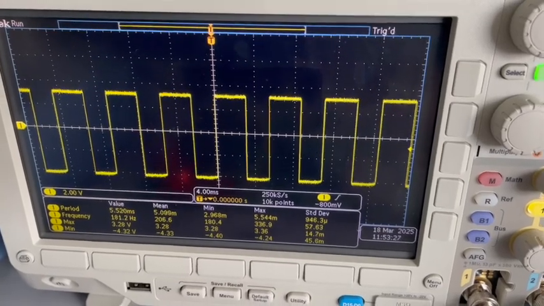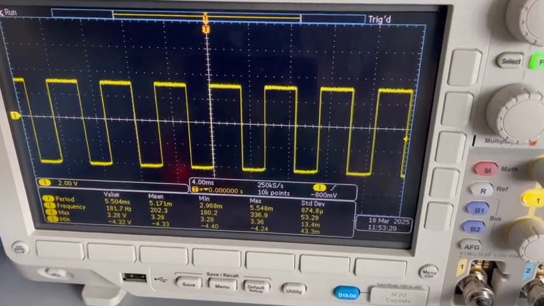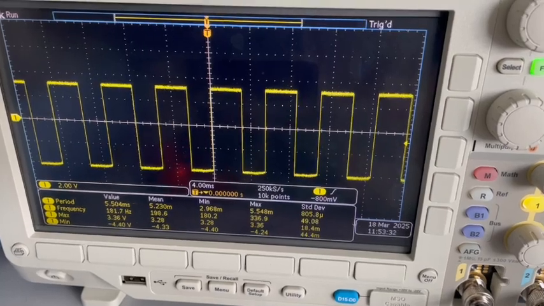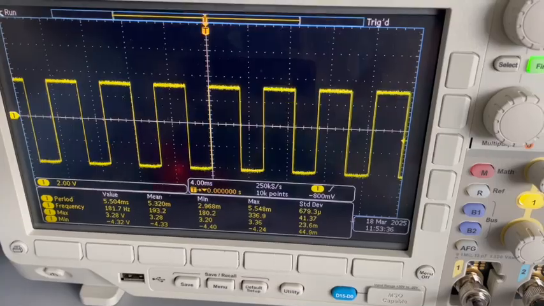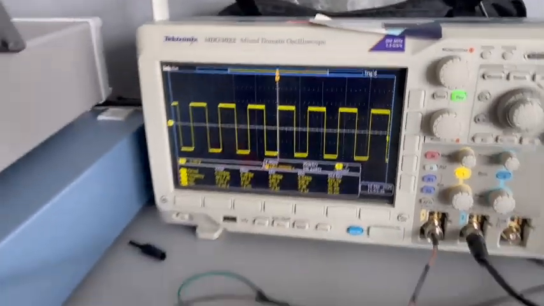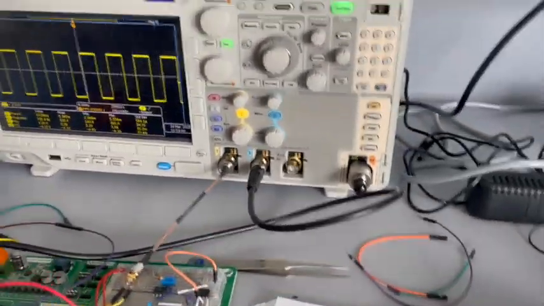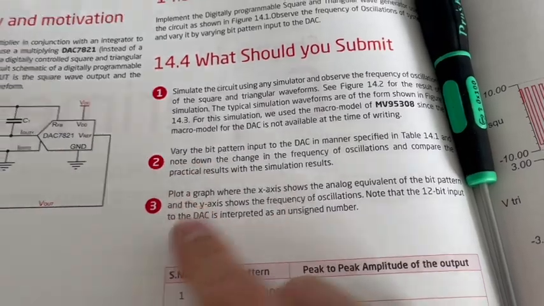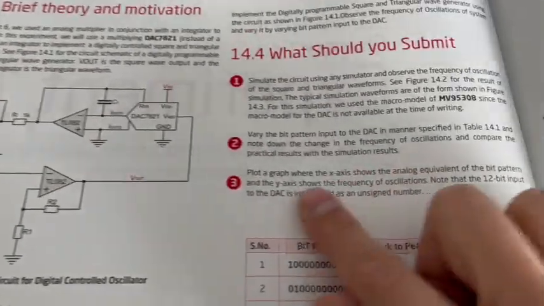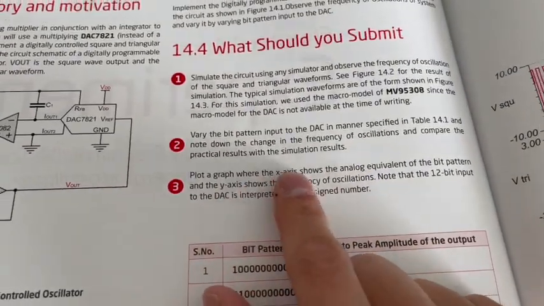You have to note this, make a table of different patterns and show the correlation of different bit patterns to the frequency. Once you do, you also have to plot your results, as written here.